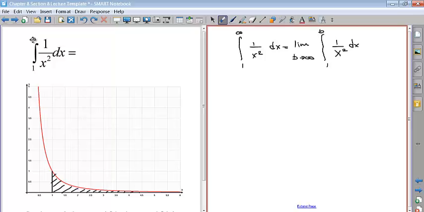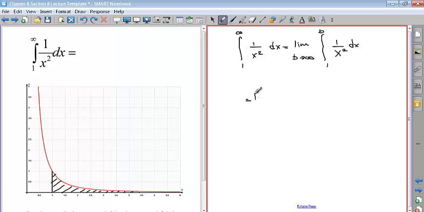So we can't make it equal to infinity, but we can take the limit as b goes to infinity to get the answer. So it's kind of a technical point. You could actually just leave this off and put infinity in at the end, and you would get the same answer. It's just a little technicality, but I want you to make sure you do it this way.